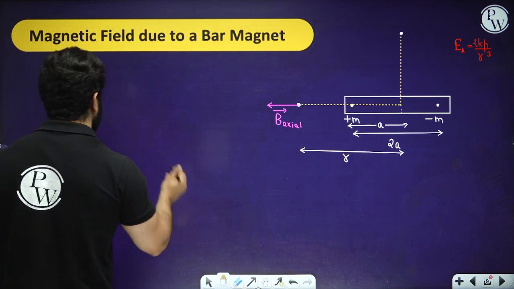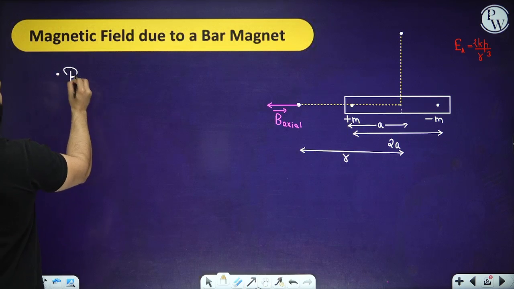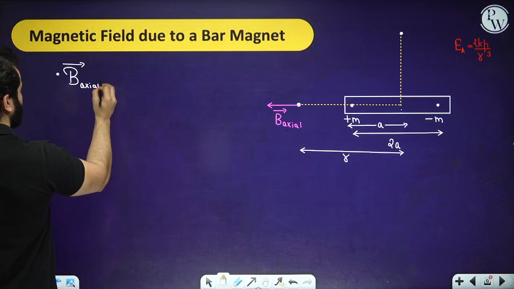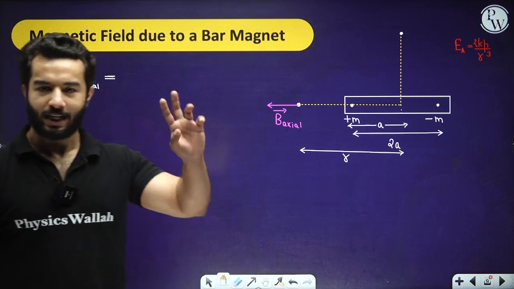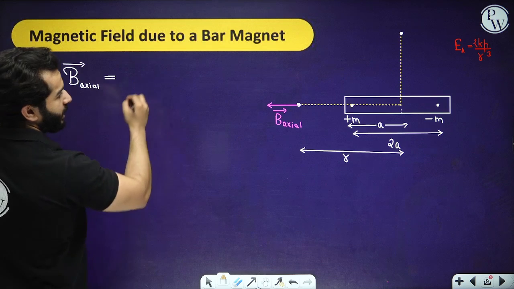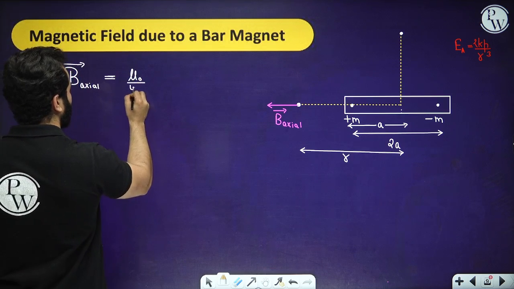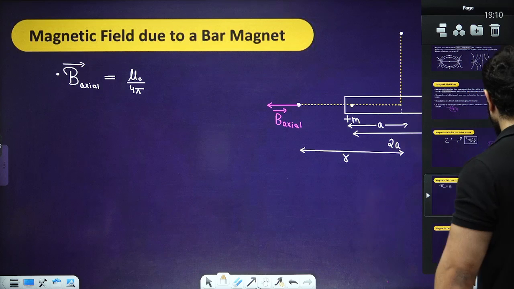So in this case, B axial will be written as, just by using the analogy, just by comparing it with electric field, instead of K, we'll write mu naught upon 4 pi. By the way, that was 4 pi everywhere. Have I written 2 pi anywhere?